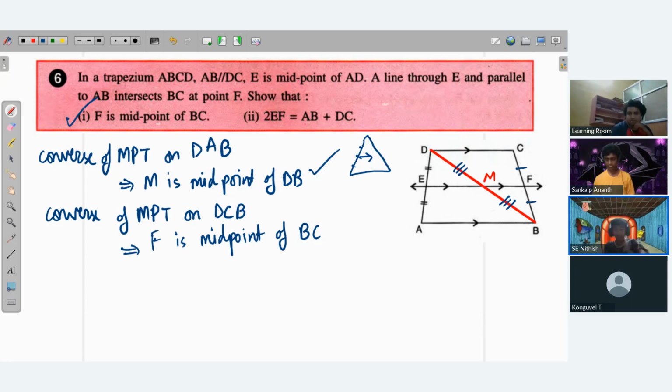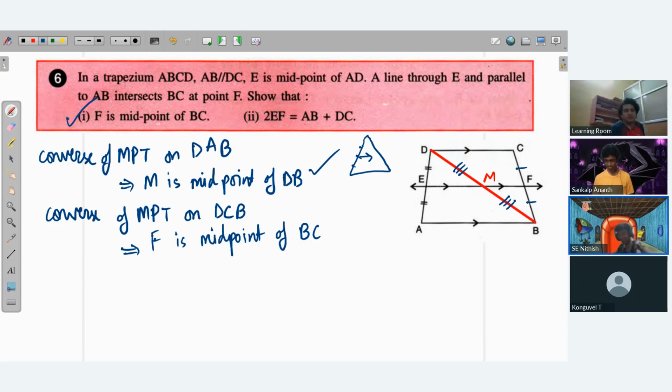If we add them, FM plus EM will give me half of AB plus half of DC, and since we have EF, then if we add half DC and half AB, we'll get AB. Very good.